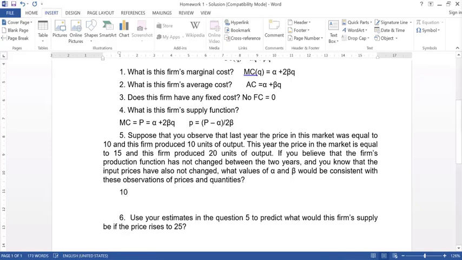We have 10 equal, P is 10 minus alpha, divided by 2 beta.